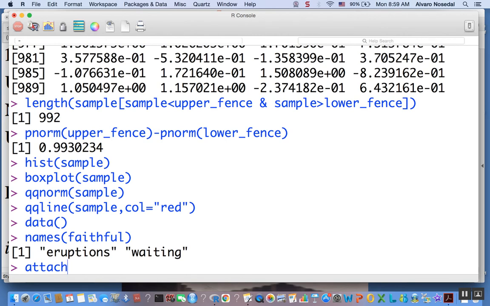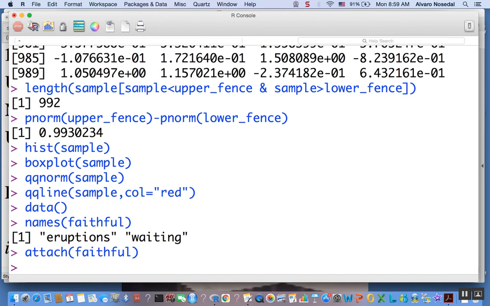Let me use the command attach, so I can use the name of those variables. So first, let's make a histogram of eruptions.